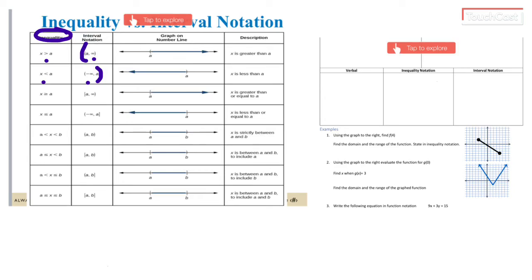And then if it is less than or equal to, or greater than or equal to, sorry, I said those backwards, then they get the bracket. So we've already talked about interval notation, so I thought I'd mention it. And this is more like what you guys will see in pre-calculus and in the future.